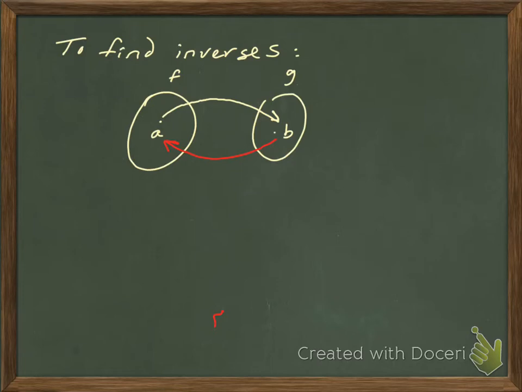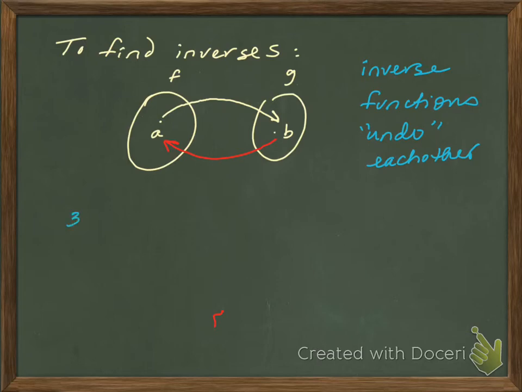So inverse functions undo each other. An example of that would be number 38 in your book. It gives us x and f of x, and they want us to find the inverse and see if it matches the other function given.